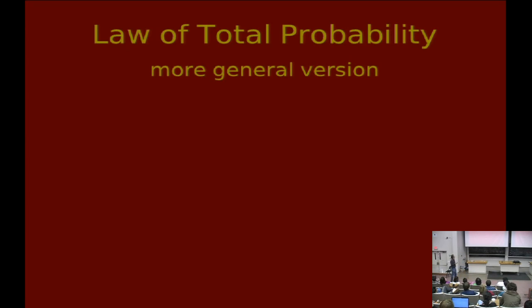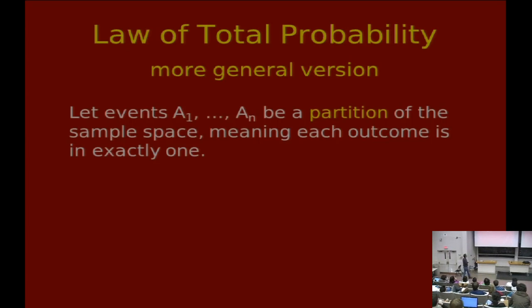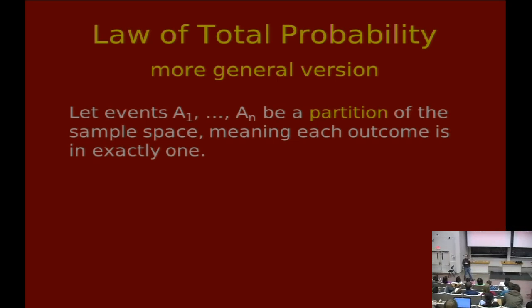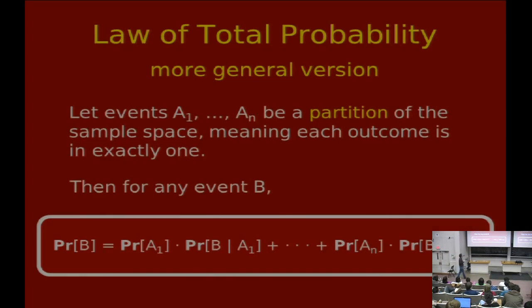OK, again, there's a more general version of this, which allows me to introduce a definition. Let's say that events A1 through AN are a partition of the sample space. That's a set theoretic term. A partition means a bunch of subsets such that they exactly cover the space. So every outcome is in exactly one of the sets. And for any event B, we have this formula, which is a generalization of the previous formula.